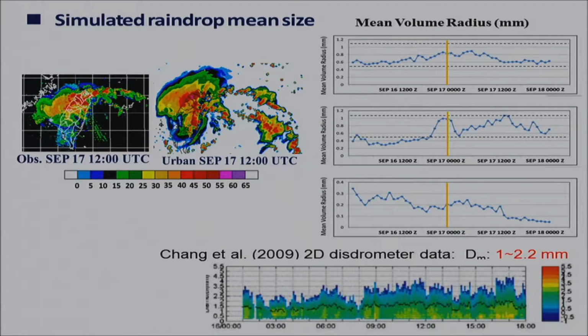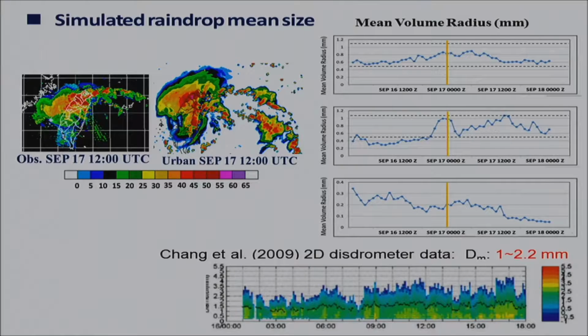This one is simulated by the WDM6, which I consider one of the best current microphysical schemes in WRF. However, it produced very small raindrops, only 0.1 to 0.2 millimeter. The dashed line shows the observed range, as shown here. The black dots, the mean volume radius, fall between 1 and 2.2.